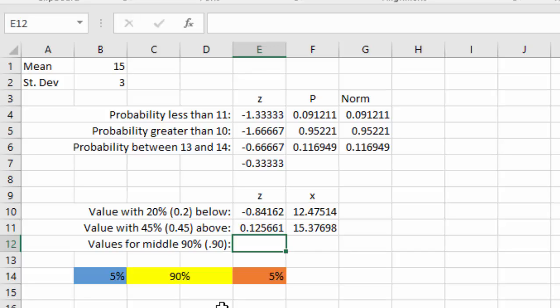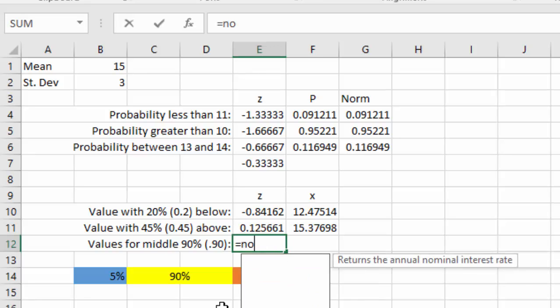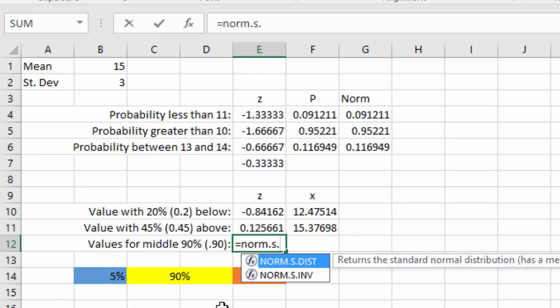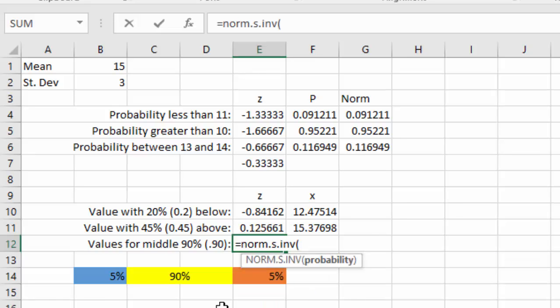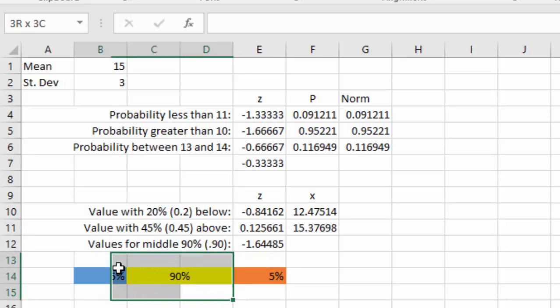So we'll do equals norm dot s for standard inverse, and the probability we want is 0.05. But that just gives us the lower value. The higher value on the right is going to have 95% below it because it has to capture both parts.